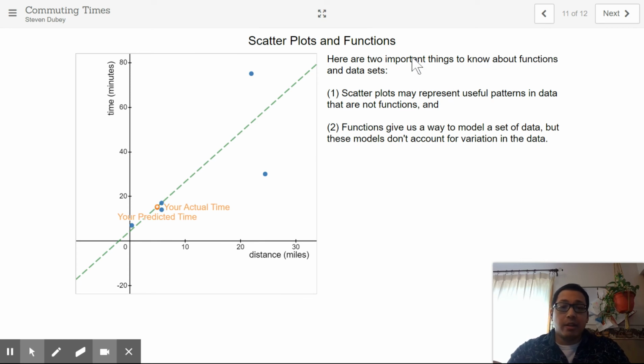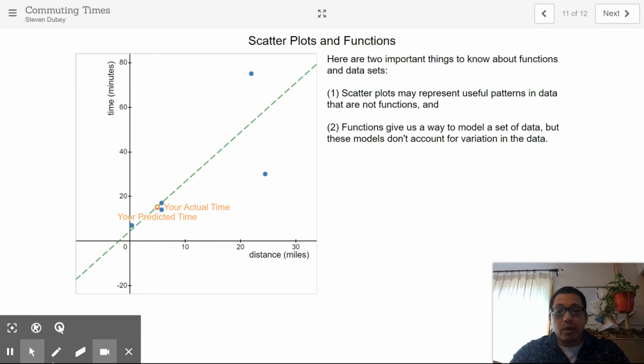So, a difference here. Two important things to know about functions and data sets. Scatter plots are useful. They represent the data. We can look at all of it and see if there's a pattern. That's what we did when we were making scatter plots. Functions, like this line, give us a way to model data and come up with one prediction, one answer for that question.